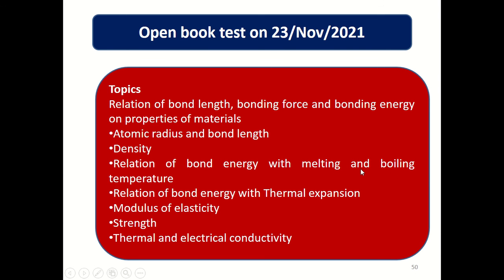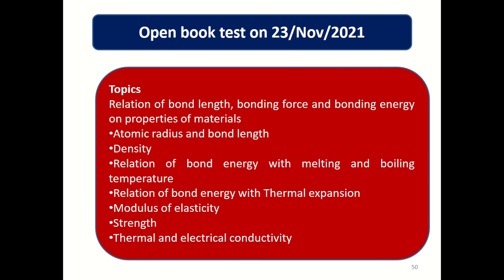We just discussed bond energy, and we saw that E0 is the bond energy required to separate the two atoms to infinite distance. I told you about shallow energy well bonds and deep energy well bonds, depending upon the smaller and larger values of bond energy, and whether they have an effect on melting and boiling temperature.